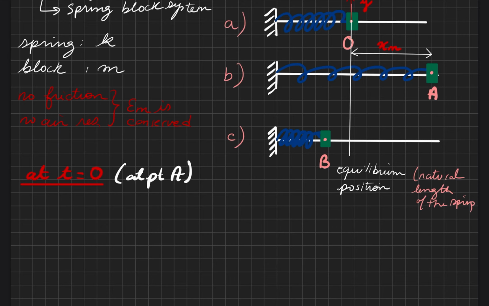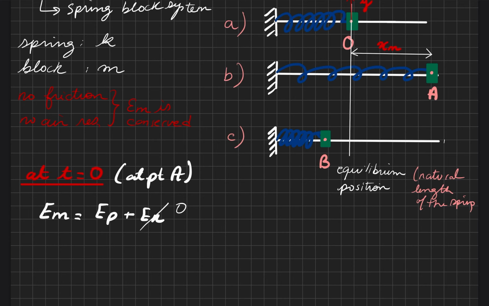And when we shift the spring from its natural length, what is the energy of the spring and the block, I'm sorry. So EM equals E potential plus E kinetic. But we have no kinetic energy because we released it from rest, so that's 0. And E potential, do we have any gravitational potential energy?